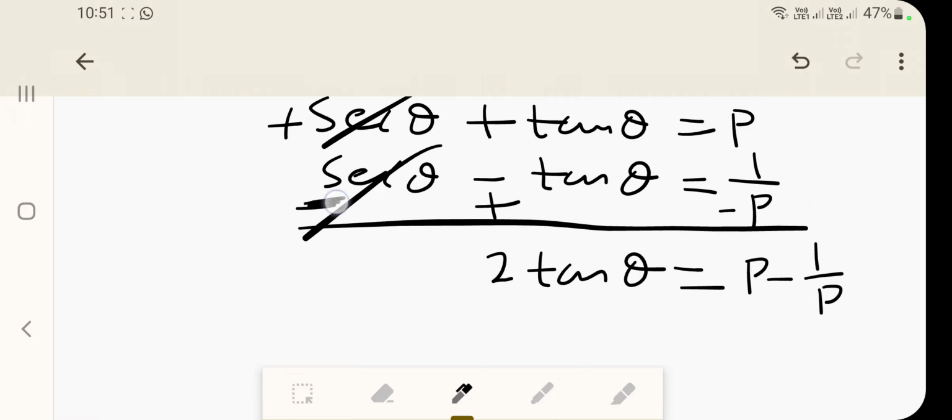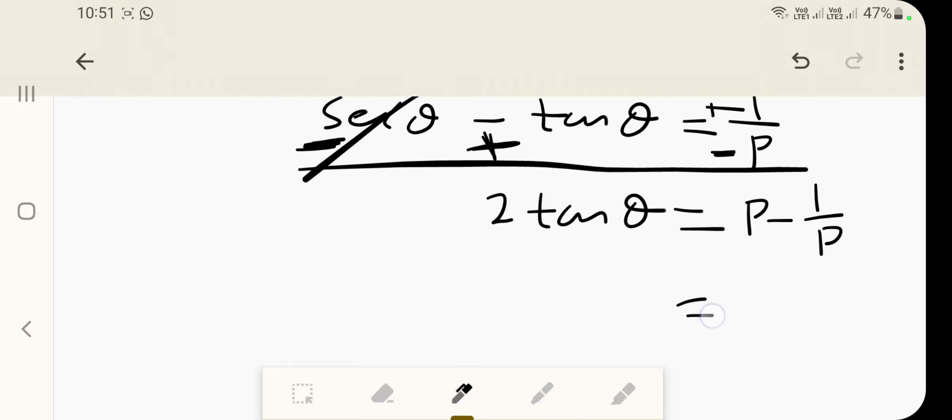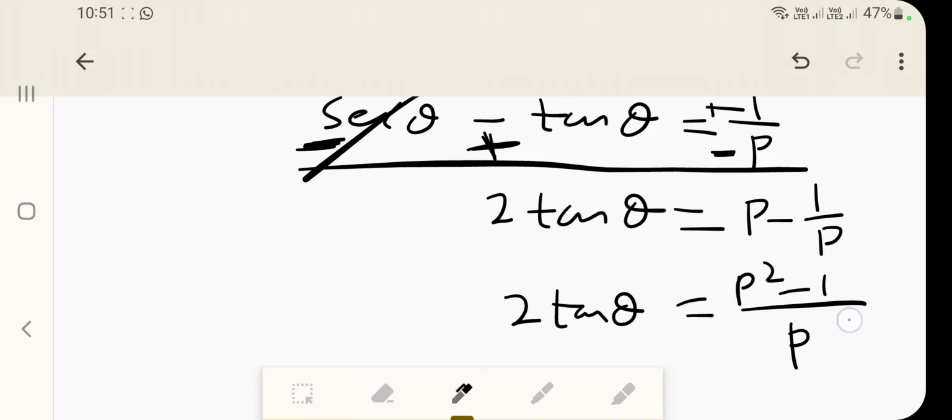Here minus of minus becomes plus, and earlier we had plus, so we get minus. Now if you take the LCM on the right hand side, we get p, and so (p square minus 1) by p is equal to 2 tan theta. This we can take as equation number 2.